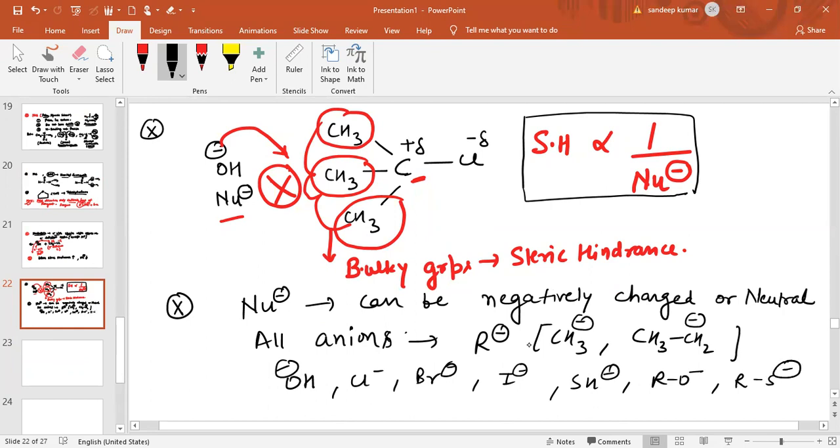These all are nucleophiles. And all anions means these are basically negatively charged nucleophiles.